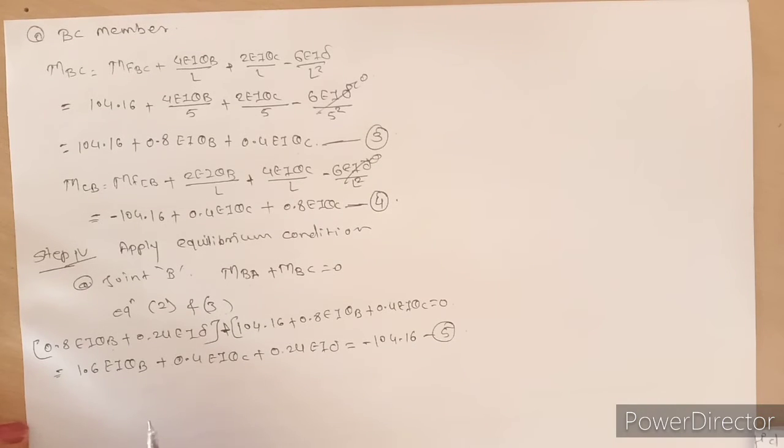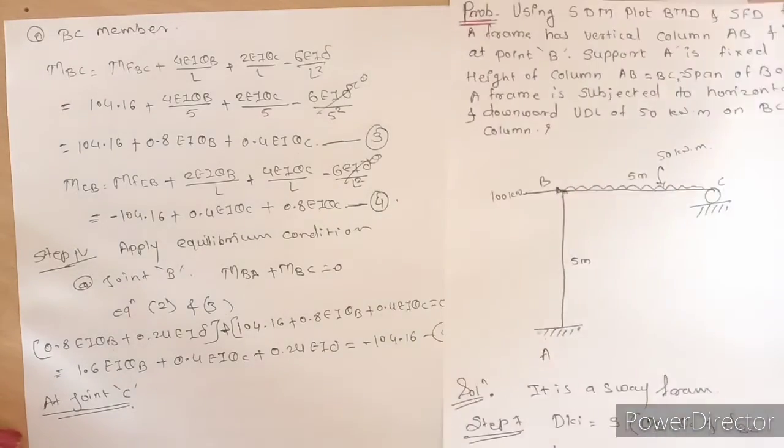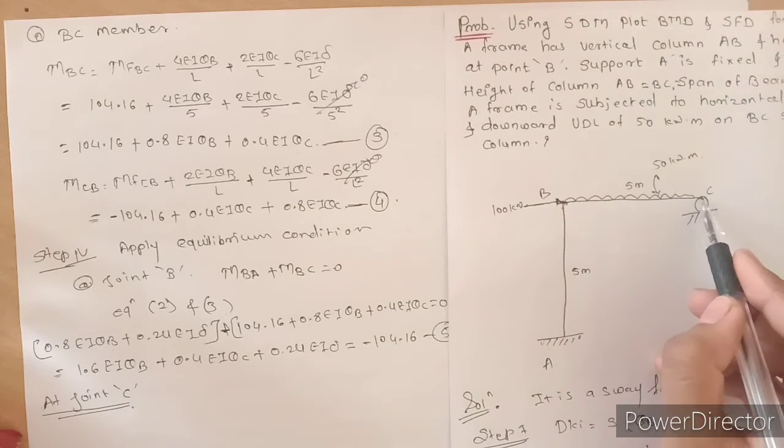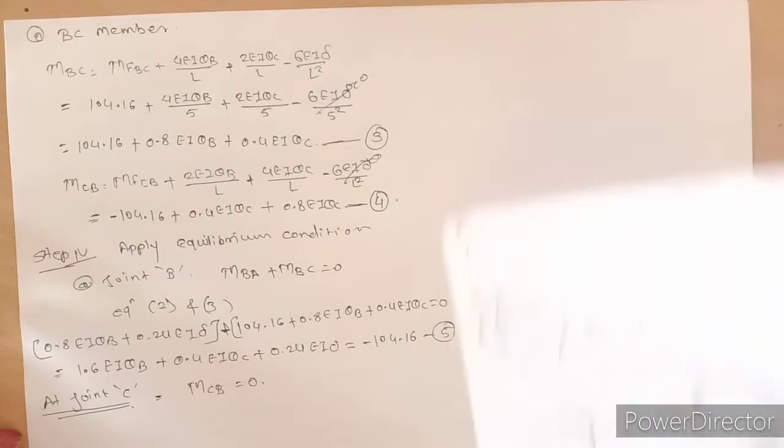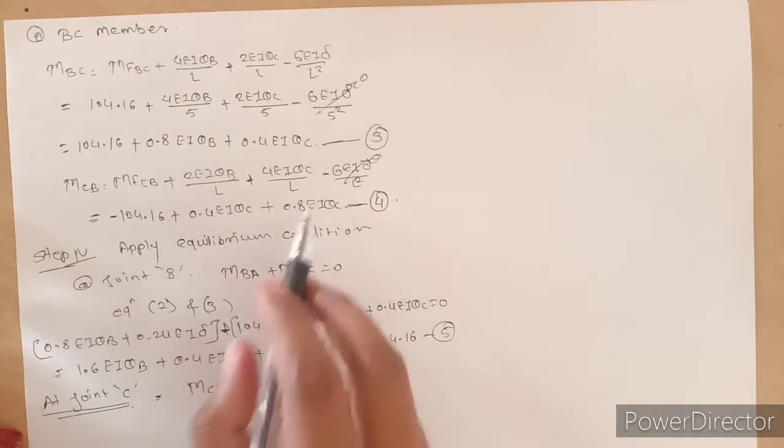And after that, apply the equilibrium condition at joint C. Here you can see in the figure, at joint C only member CB acts. So take the slope deflection equation at member CB equal to 0. That is equation number 4.